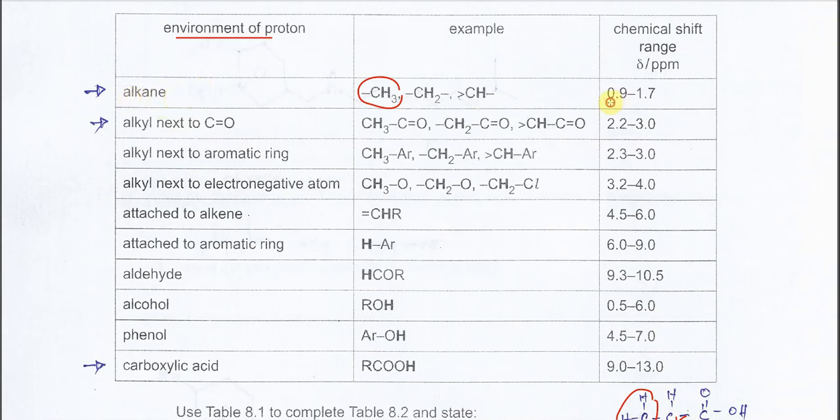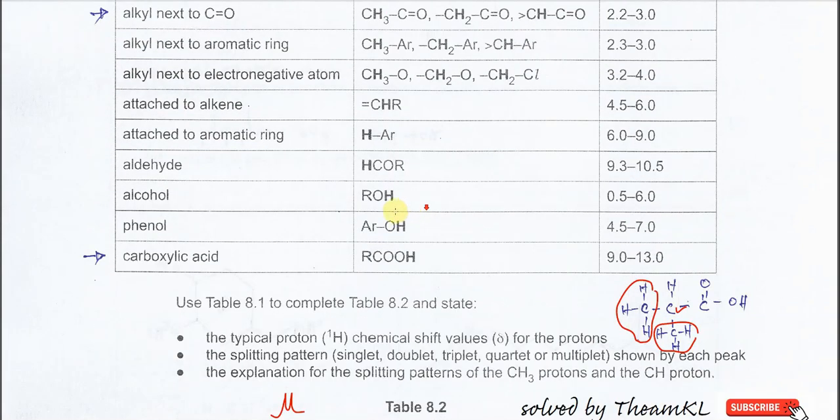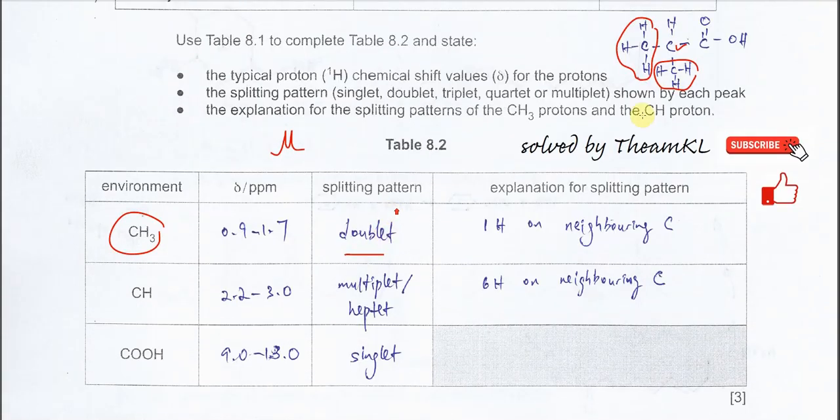The chemical shift therefore is 0.9 to 1.7 ppm. So you just put that there. For the methyl group, because it's next to another hydrocarbon, it's basically alkane again. The chemical shift is 0.9 to 1.7. The splitting pattern is doublet. The explanation is very easy.